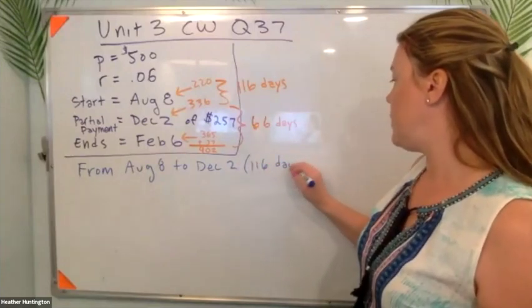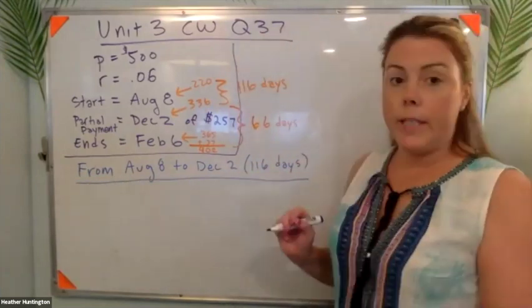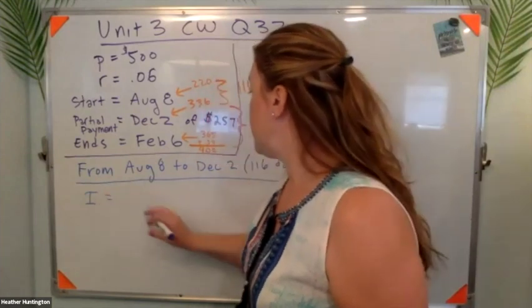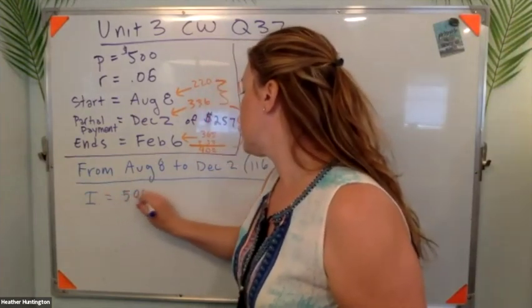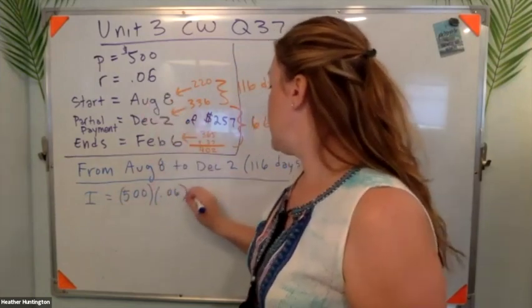I like to write this out to remind myself. Let's calculate the interest. So the interest is going to be the principal times the rate times the time.